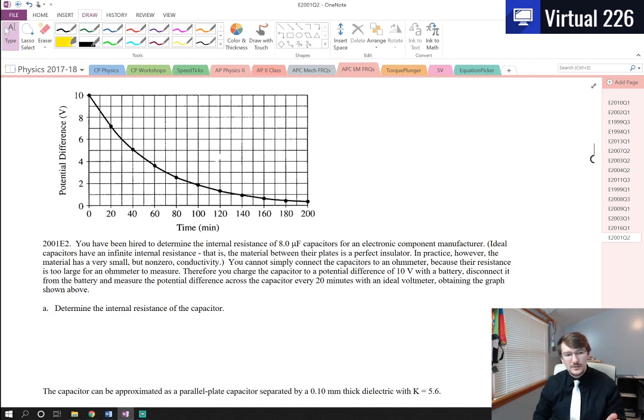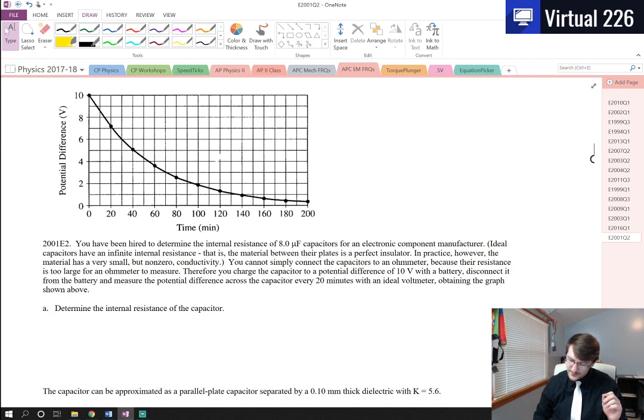We know that ideal caps have an infinite internal resistance, but the material in reality has a very small but non-zero conductivity. We can't connect the caps to an ohm meter because their resistance is too large for the ohm meter to measure.